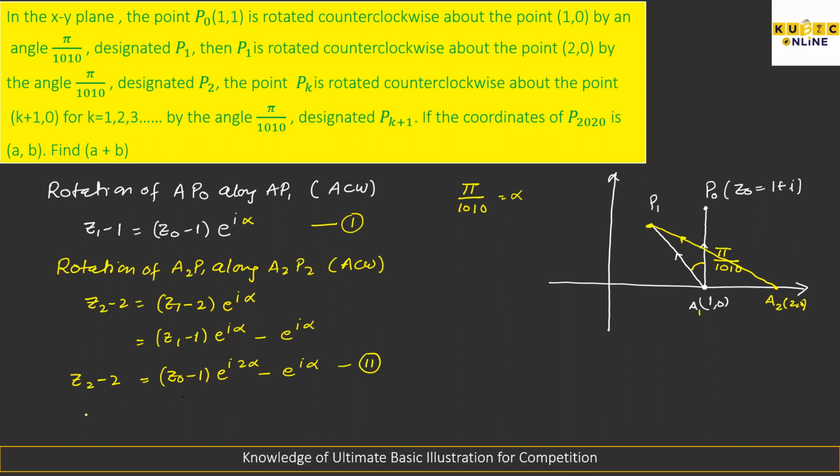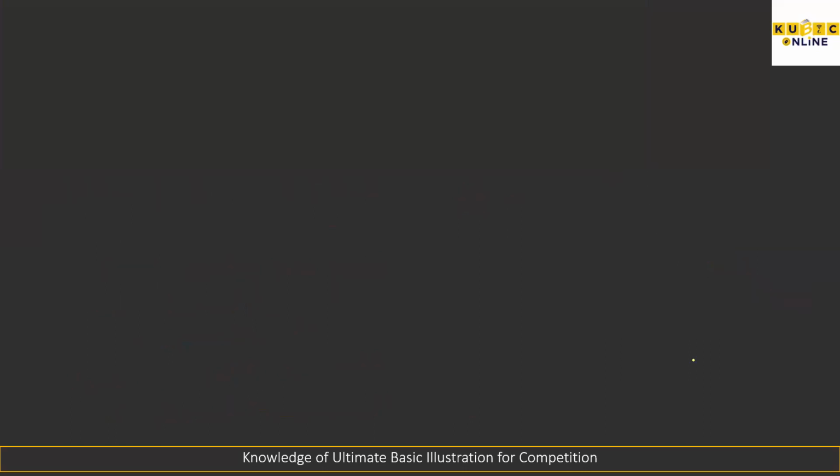And similarly we get Z3 minus 3 equal to Z0 minus 1 into e to the power I 3 alpha minus e to the power I 2 alpha minus e to the power I alpha, and this is the third relation, right?